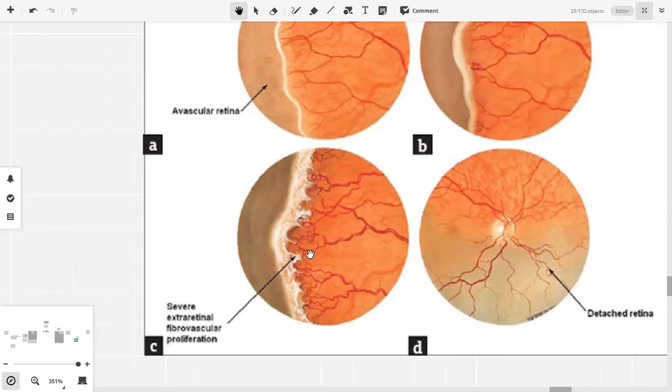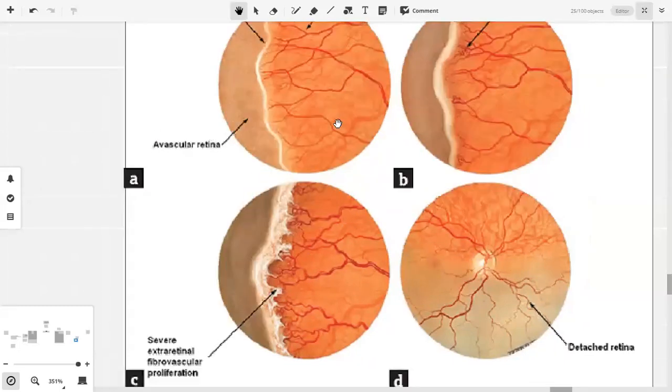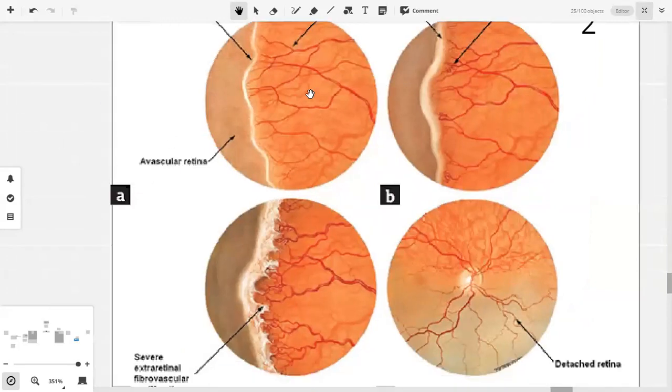This is a picture which appears when we see through the indirect ophthalmoscope. Basically, there is progression or proliferation of fibrovascular tissue from this ridge into the vitreous cavity. So this stage, which includes fibrovascular proliferation into the vitreous cavity, and all the other findings of 1 and 2, is stage 3.